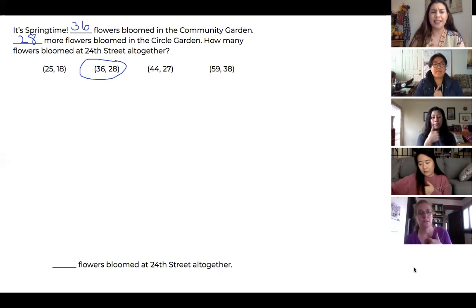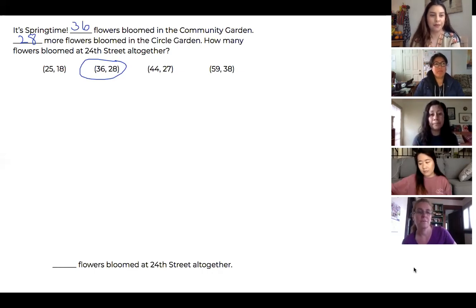Miss Hoffins, what does the number 36 refer to in this problem? 36 is how many flowers there are in the community garden, the flowers that are blooming there. And what about 28? Miss Valencia, what does 28 represent? 28 is the number of flowers blooming in the circle garden.